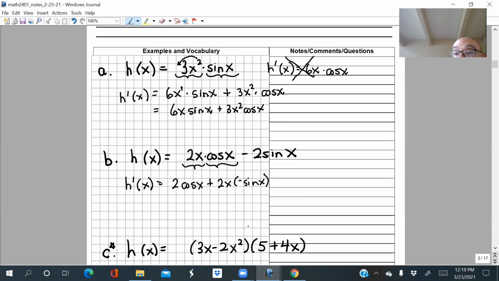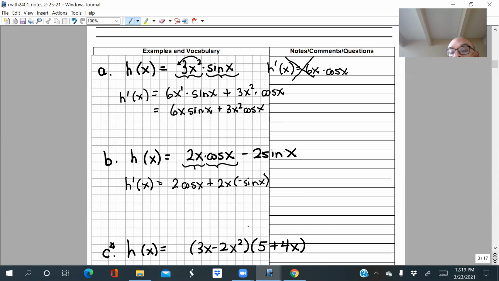Now you just move on to the second term. Now you want to find the derivative of minus 2 times sine of x. Now, this also is a product, okay, because you have the 2 times the sine of x, but you don't have to use the product rule here, okay?